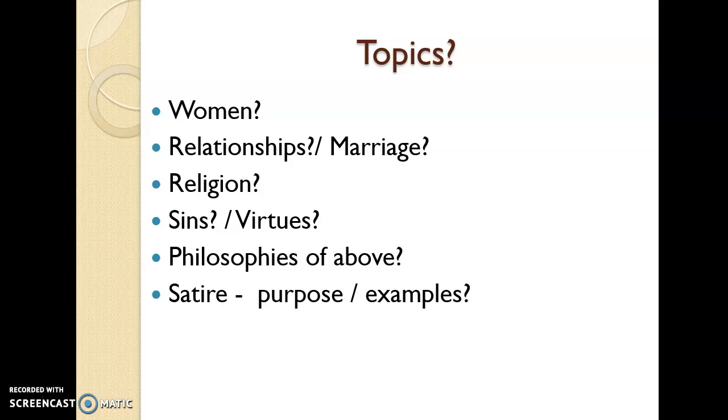So the first one is women, relationships, marriage, religion, sins, virtues, philosophies of above, and satire, a word that you should be familiar with now, and the purpose of satire and also examples of satire too.